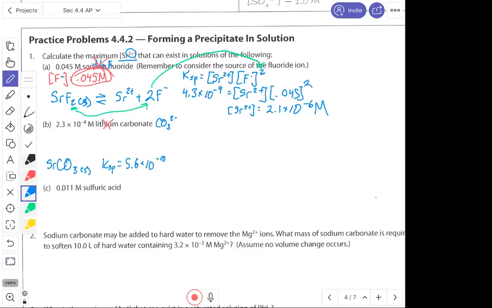And for this last one, what's the formula for sulfuric acid? H2SO4. In this instance, what's my spectator?